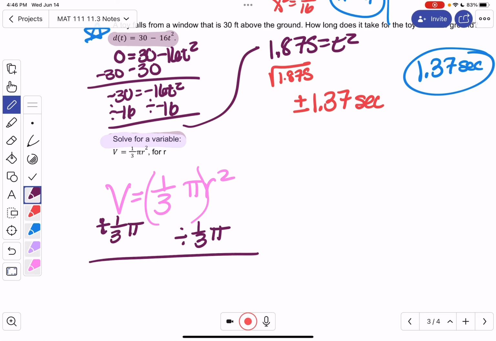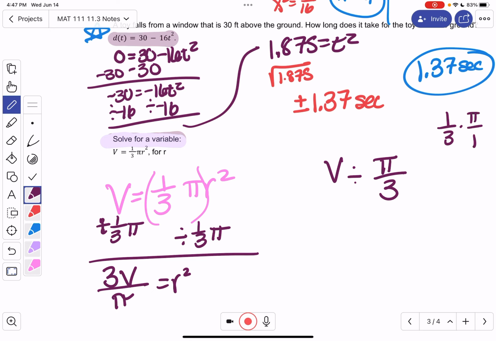When you divide by a third, it's like multiplying. So really, we're going to have 3v over pi equals r squared. So let me show you. V divided by 1/3 pi is like saying pi over 3, because 1/3 times pi would be pi over 3. When you divide, you change it to multiplying and flip.